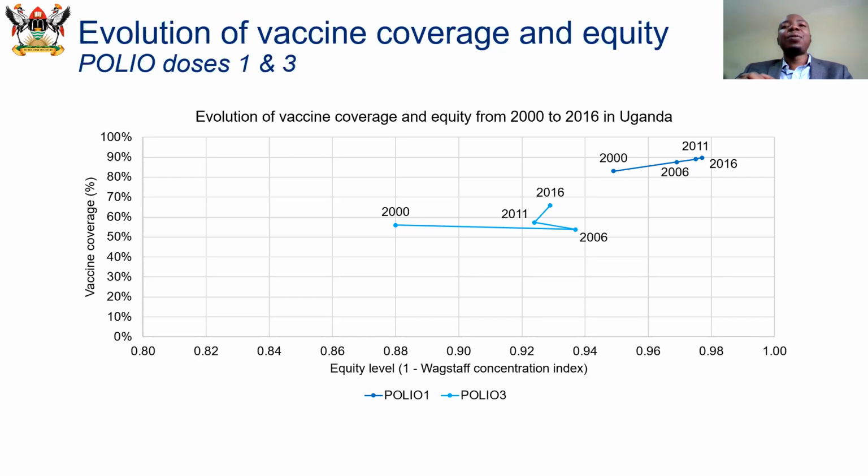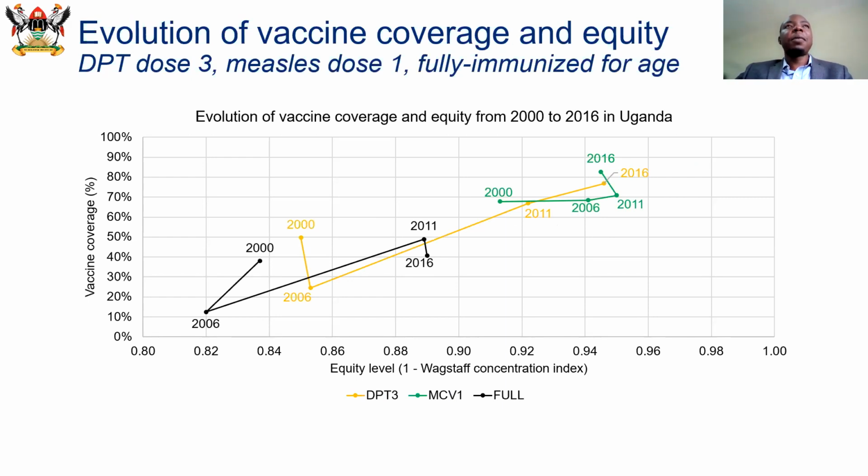There are a lot of things in terms of programming that happened in between that could have led to these variations, but it also paints a picture that variations in equity affect coverage for some antigens, and that this can also happen vice versa. And this has a lot of programmatic implications when you're setting the policy stage, but also for the decisions that are made at policy level.